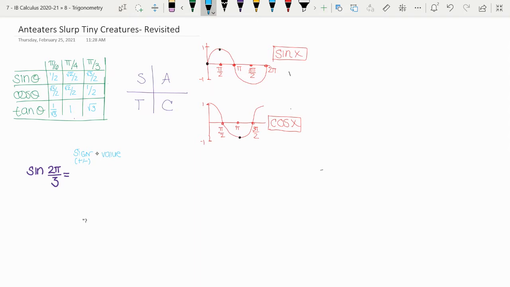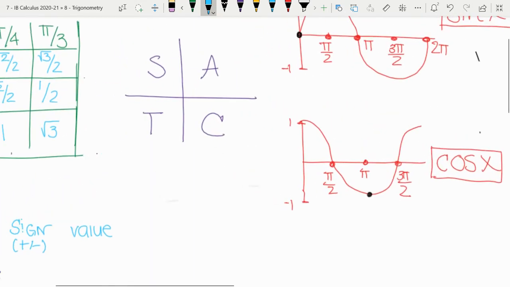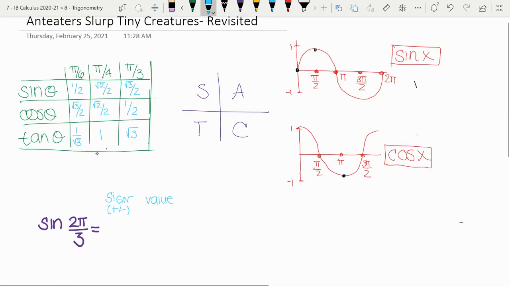All right, so 2 pi over 3. The first thing I need to figure out is the sign, and I'm going to do that by looking at my quadrants. So here is 0 and here is pi. Because I'm thinking in terms of increments of pi over 3, I'm not going to label this pi. What I'm going to label it is 3 pi over 3.